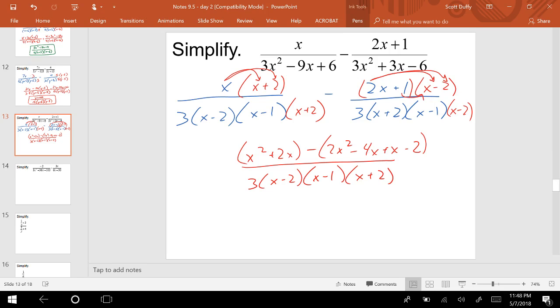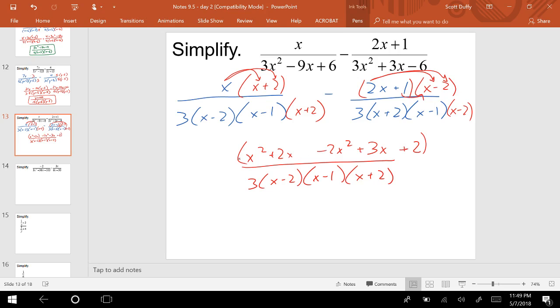This negative 4x plus x, I can think of that as negative 3x. And then a quick way to get through this is to have this negative apply to each of these terms. So I can say that this is negative 2x squared. Negative would be positive, and a positive.